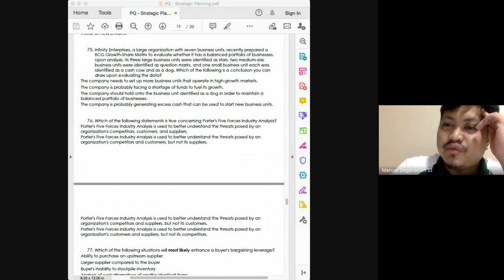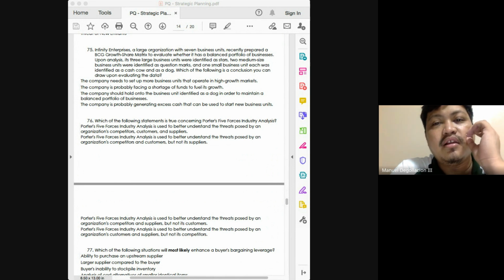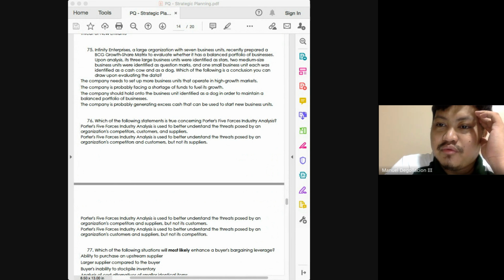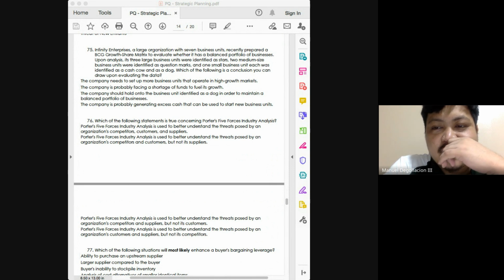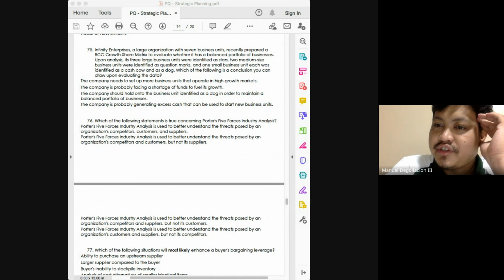So what distinguishes a star from a question mark? It depends on your market share. If your market share is already big and the product or service has high growth potential, then that would be considered a star. If it has high growth potential but you still have a small market share, then that will be considered a question mark.